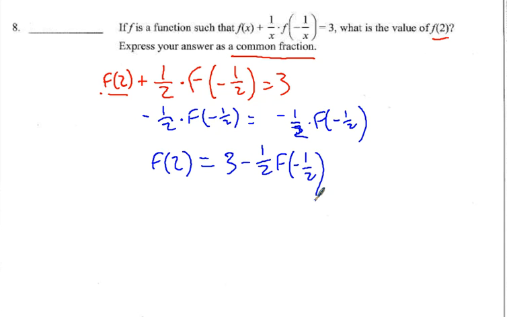But this is when things are really going to go off the rails. So we have this f of negative 1/2, right? Which means we need to plug that back into the expression, right? So here we go.